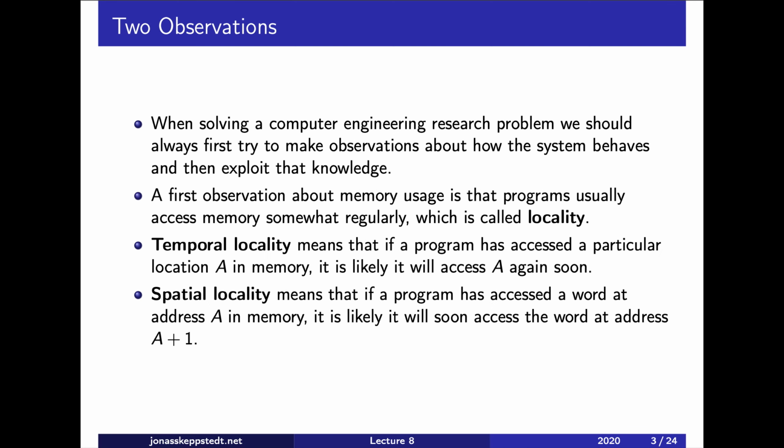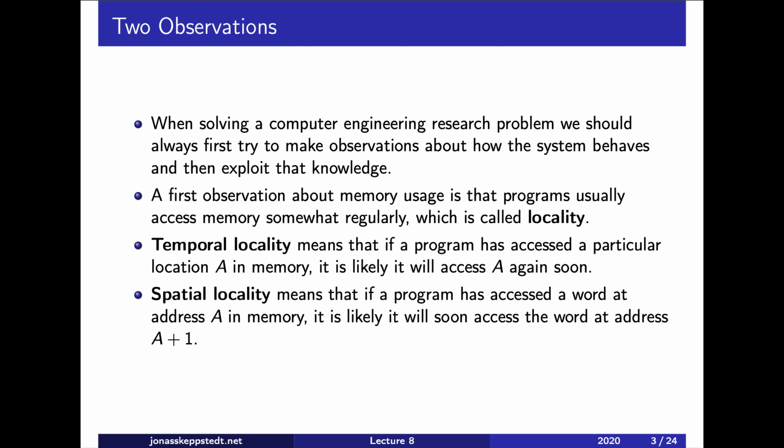So in general, when a computer engineering problem should be solved, I mean a research problem, not why the display doesn't work, to come up with an invention of how to change something so that it will work better in some sense, we need to observe what actually happens and try to make generalizations so that we can exploit what is happening.